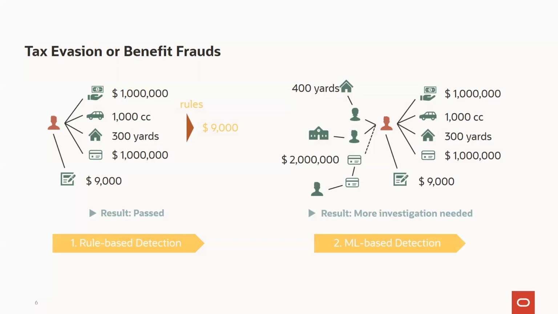So say, for example, the scenario remains the same. We have the same person here making a good amount of money. He has invested in a car, he has invested in a good property, he has bank accounts with a good balance, and he is also paying the tax on time. But what if he has his spouse, his children, and they are registered with properties.